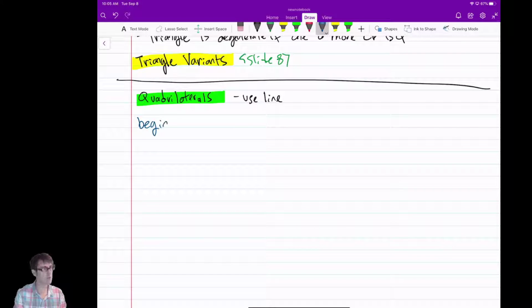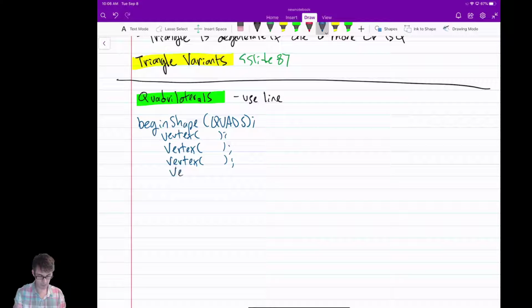Begin shape, quads. Vertex, vertex, vertex. Like that, right?